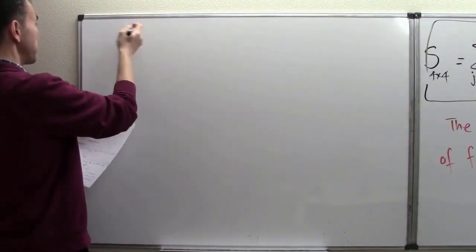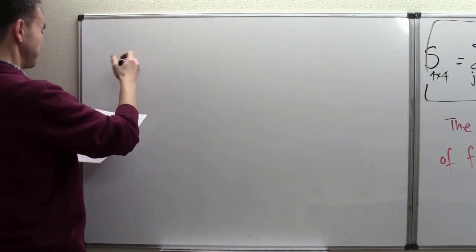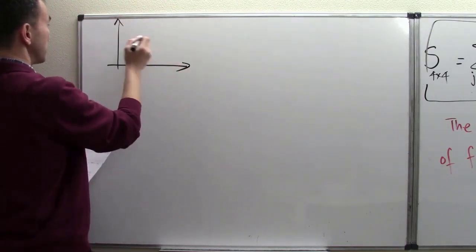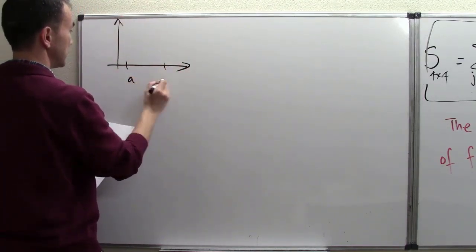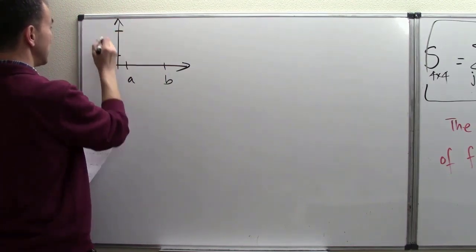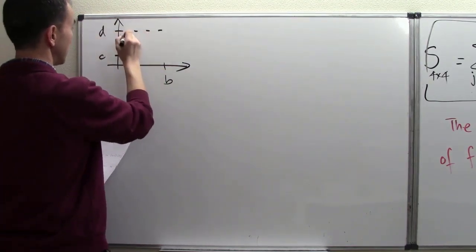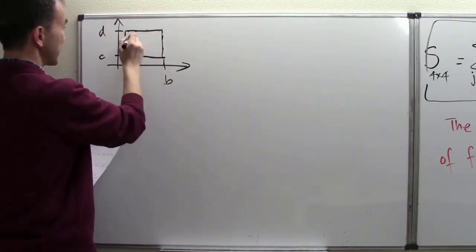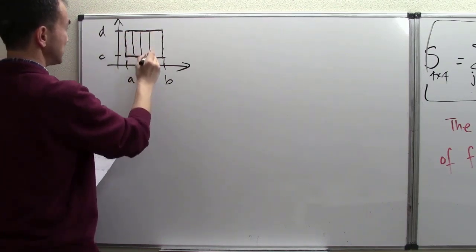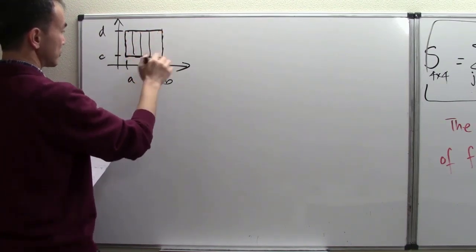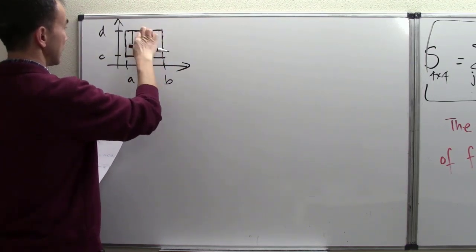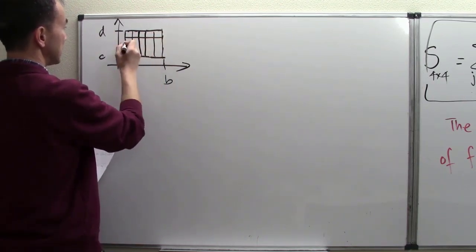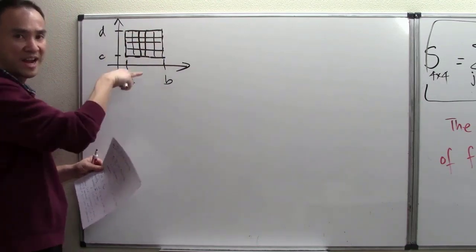All right, and so generally speaking, as far as what it is to be a double Riemann sum, think about a rectangular region from a to b, and then c to d right here. So this is our rectangular region, and we're breaking it down into some n number of subintervals on the x-axis, and then some m number of subintervals on the y-axis, just like that.